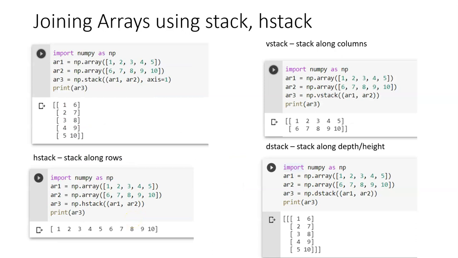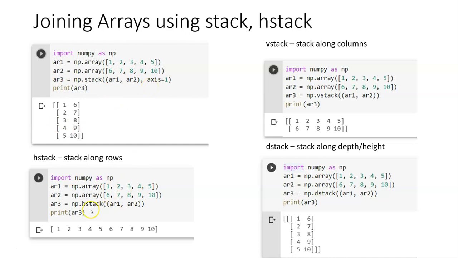I can also join arrays horizontally and vertically, and along depth, along height. In this case, this is a simple array. Here I'm adding the two arrays along axis equals 1.